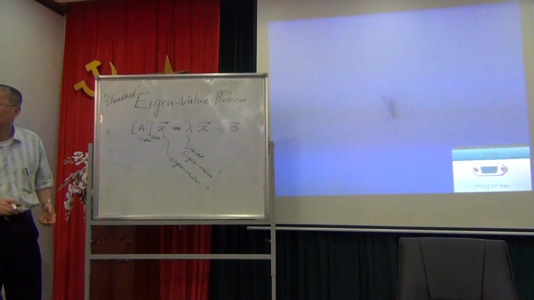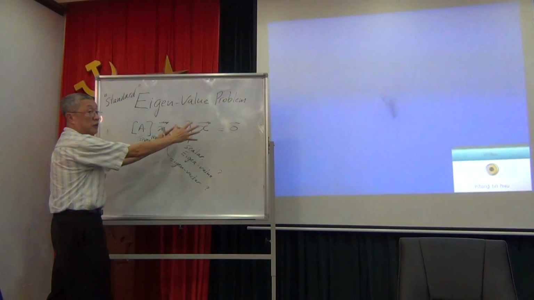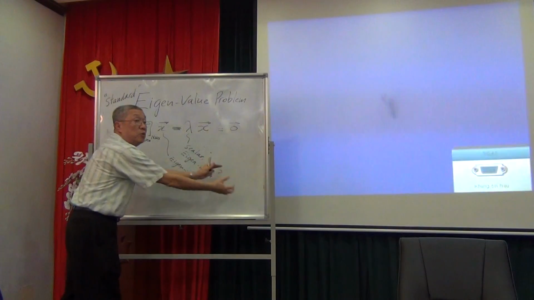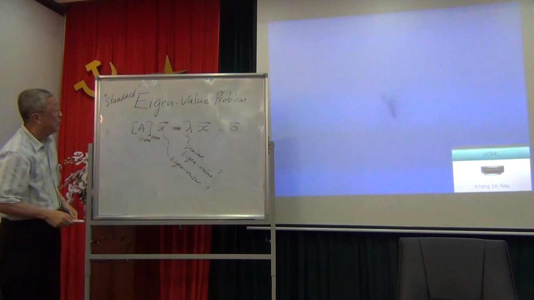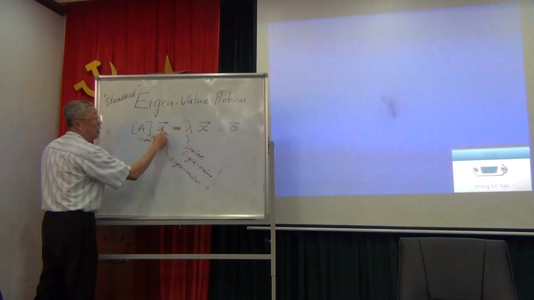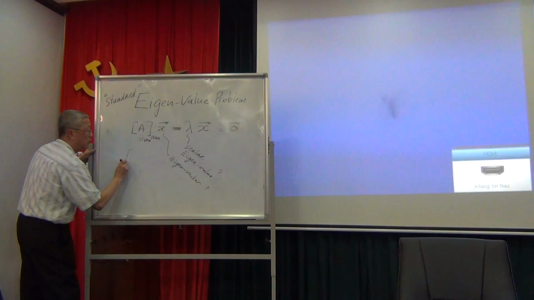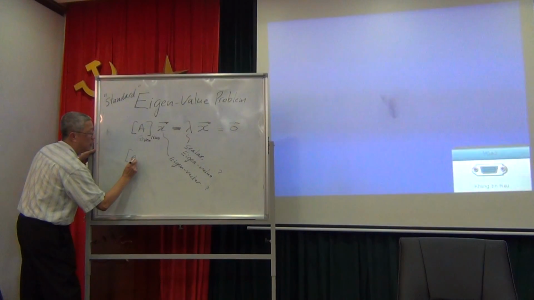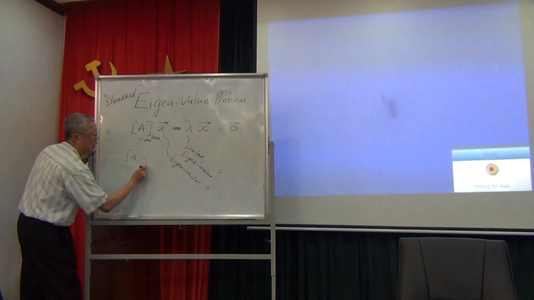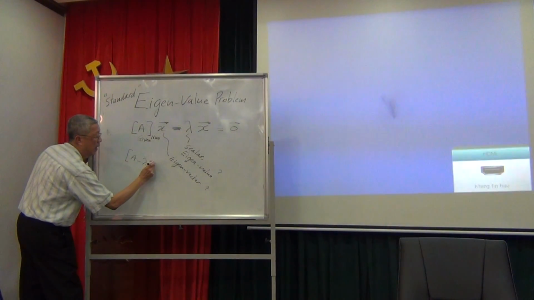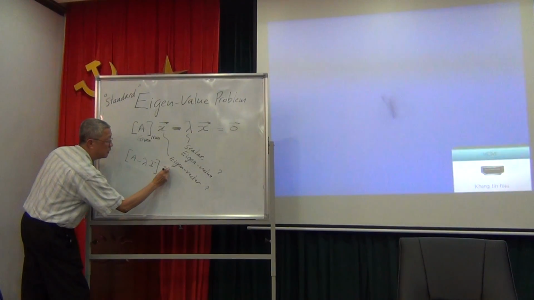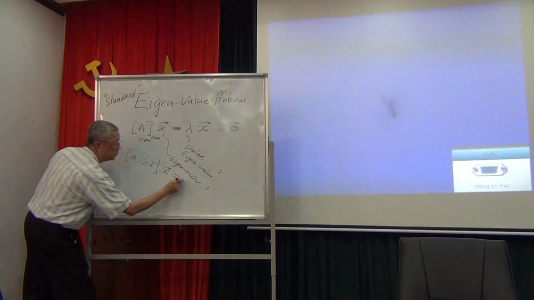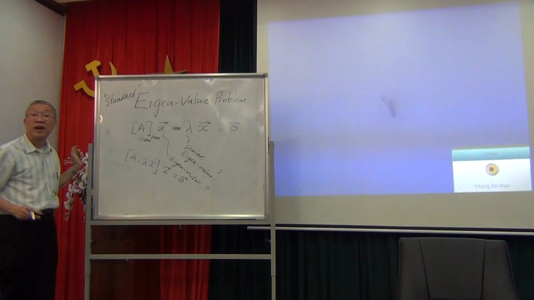You agree? You move the term lambda x on the right hand side to the left. That's why it becomes minus. And then we can factorize the x. So this becomes A minus lambda I, times x, is equal to 0. Correct?